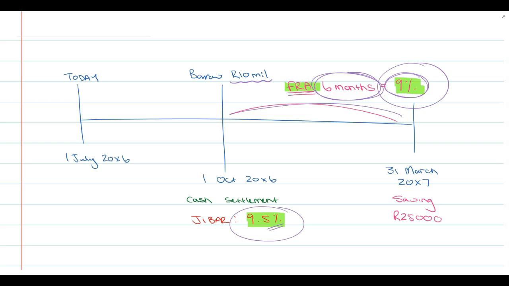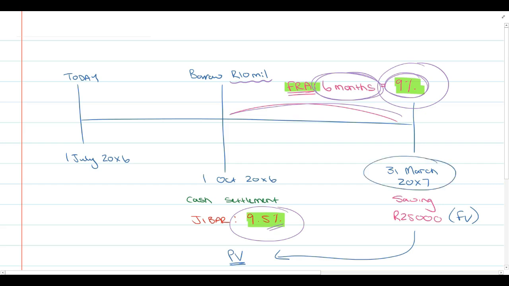Now what we need to do, guys, is we need to calculate the present value of that saving. So this is the future value because that is the amount at the end of March 20x7. I need to calculate the value of that amount at the 1st of October 20x6. So let's calculate this present value.